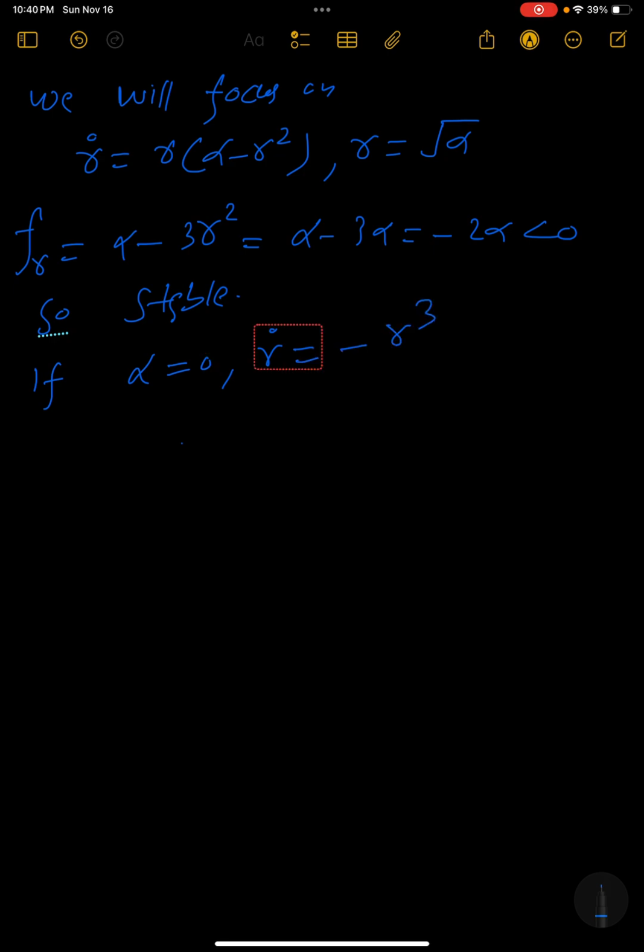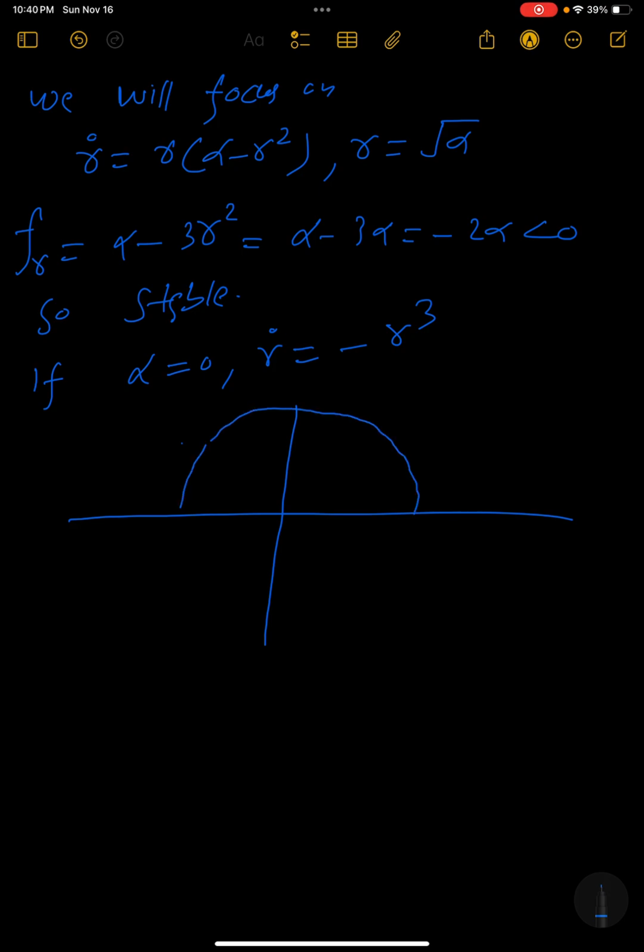Now if you want to find the diagram, in case alpha is equal to 0, definitely my system is stable. If I start from here, I will approach the origin. Since theta dot is equal to 1, my direction is anti-clockwise.